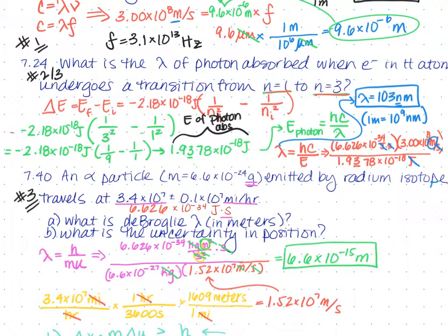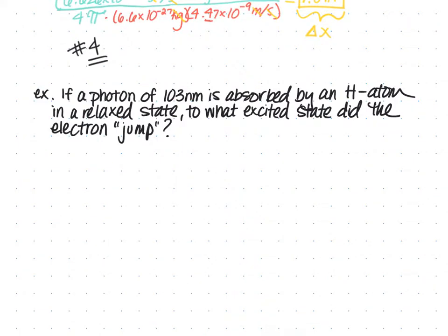Okay, so I'm going to take this problem and write it down at the bottom. So the question could be something like this. If a photon of 103 nanometers is absorbed by an H atom, or a hydrogen atom, in a relaxed state, to what excited state did the electron jump? So there's several pieces of information given in this problem. One is the wavelength of light that was absorbed.